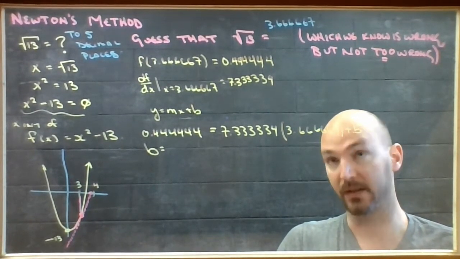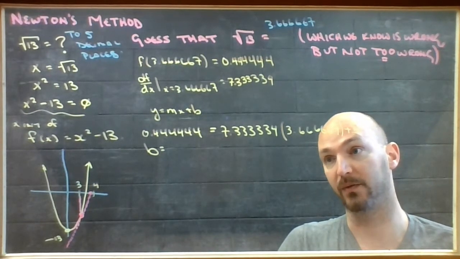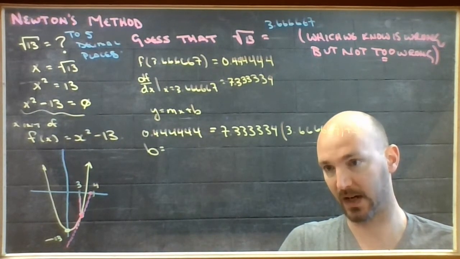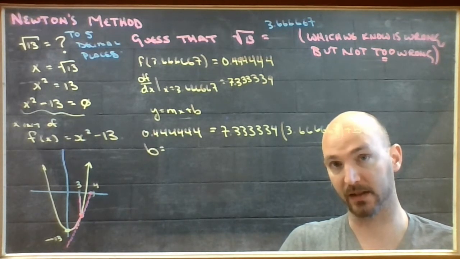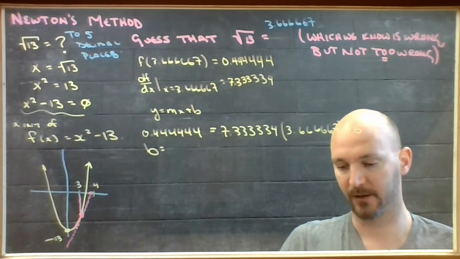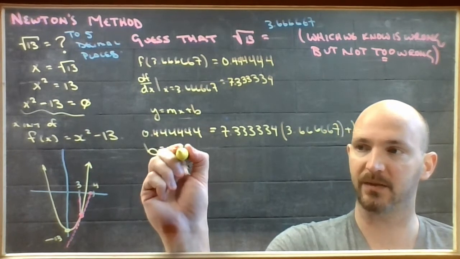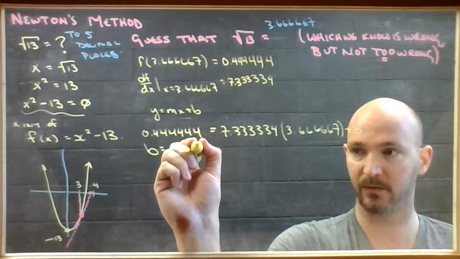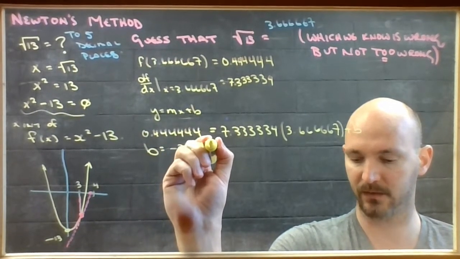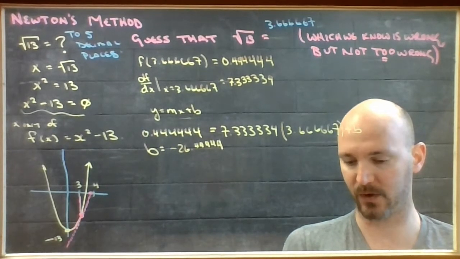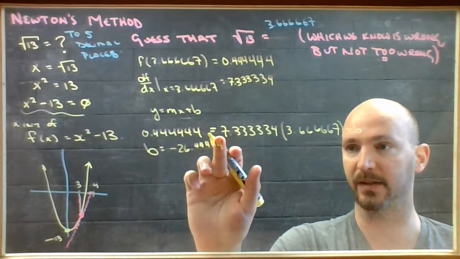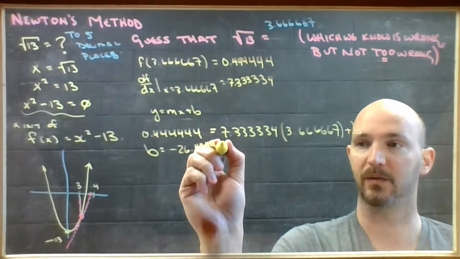That will be 0.444444 subtract 7.333334 times 3.666667, which gives me negative 26.444444. That's 5 fours and a 9, which is going to round this up to 50.